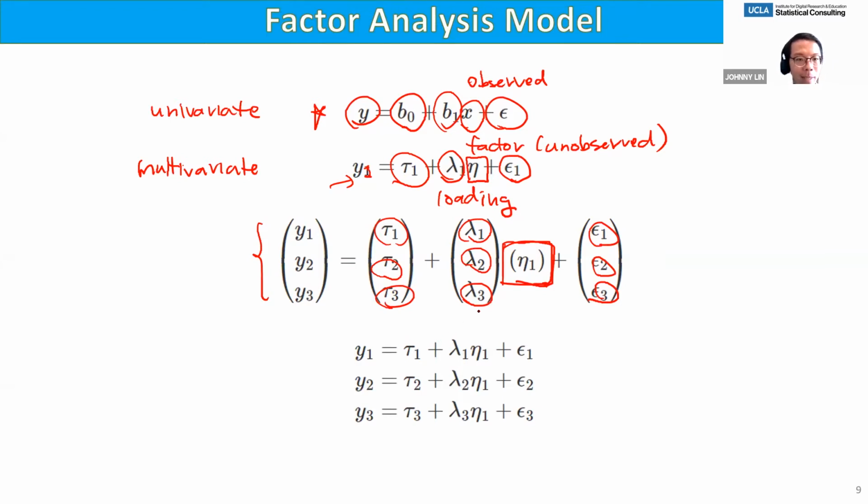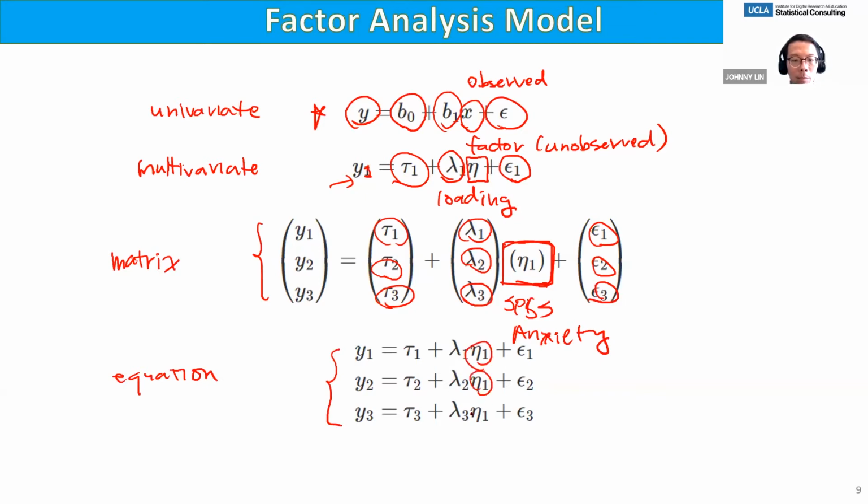They correlate because of this factor called SPSS anxiety. Does that make sense? If you write out what is called the matrix formulation in terms of equations, you'll see that it's just 3 separate equations, basically 3 separate regressions with the same unobserved predictor or factor. Any questions about that?